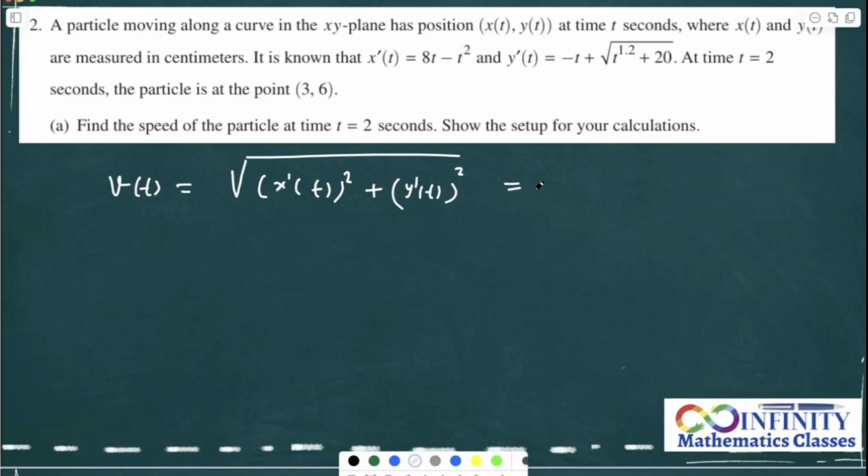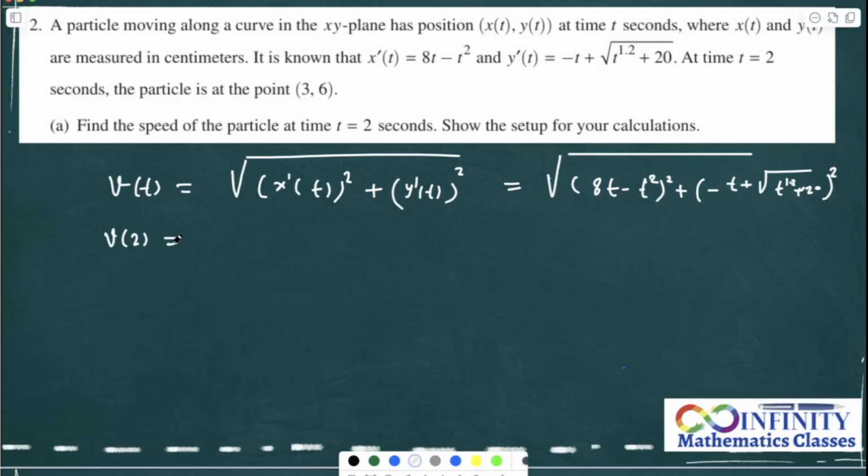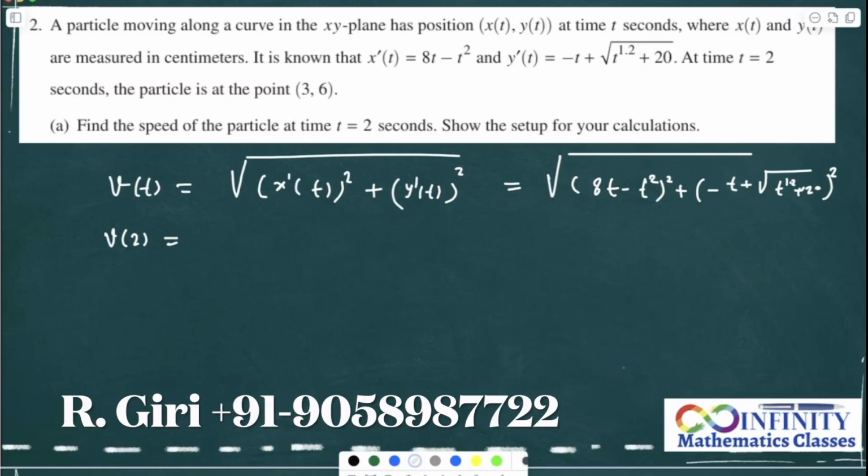So you need to simply plug in the values and then put t equals 2 there. It is (8t minus t square) whole square plus (minus t plus square root of t exponent 1.2 plus 20) whole square, and you need to find the value at 2. You need to evaluate this expression, and that is all. Will you be able to get this value?